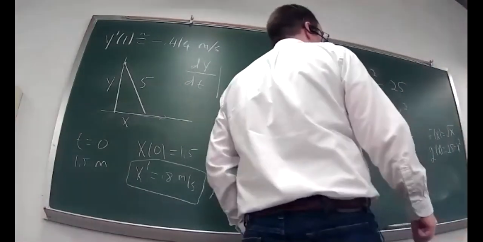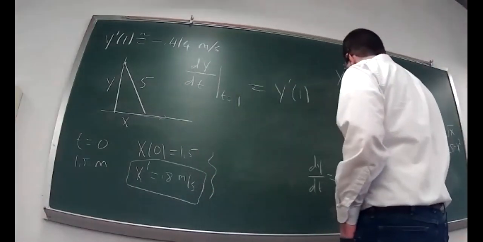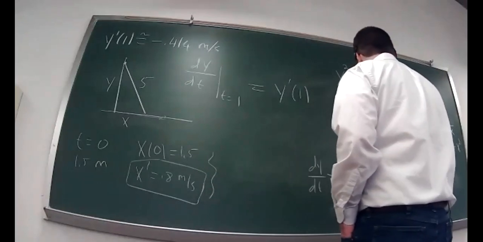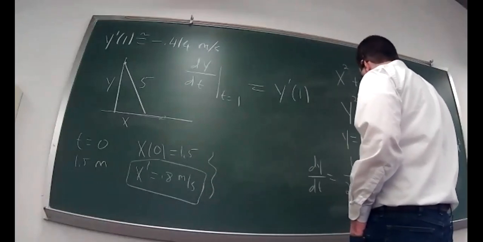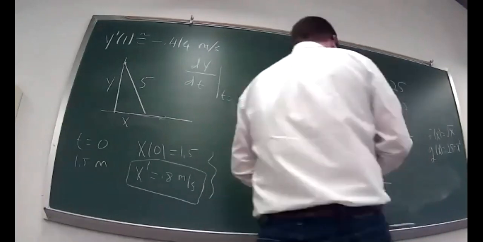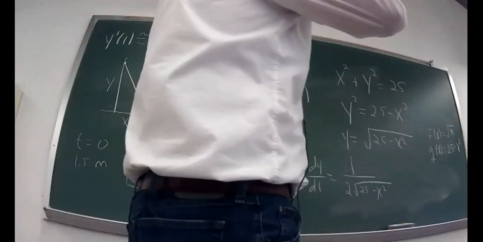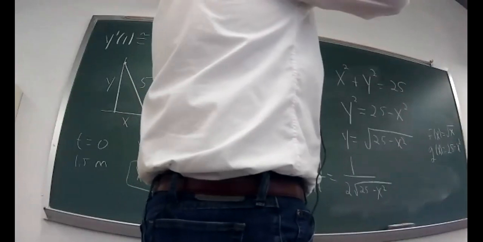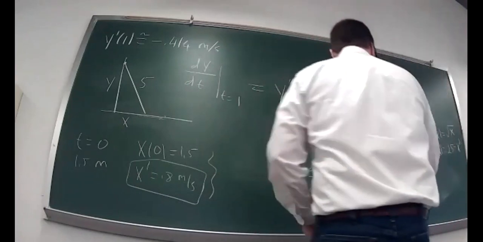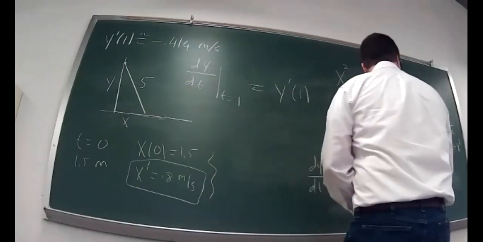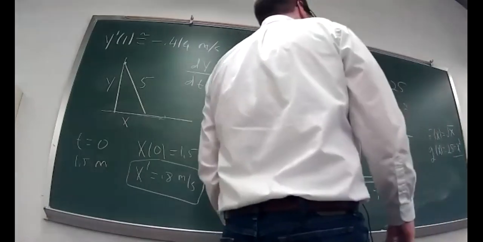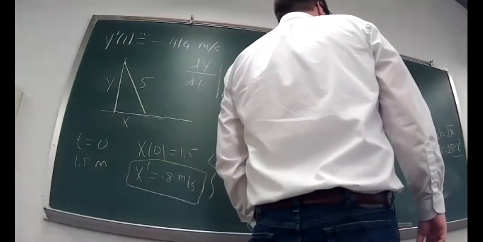And so when you do that, you get the derivative of root x is 1 over 2 root x, but then you plug in 25 minus x squared. And then you multiply by the derivative of the inside function, which is a derivative with respect to t. So what's the derivative of 25 minus x squared with respect to t?